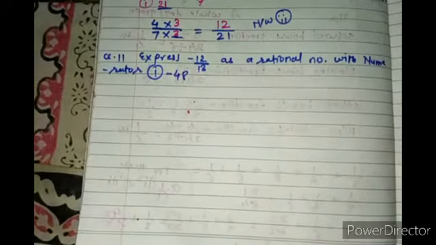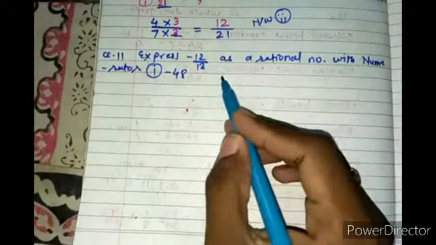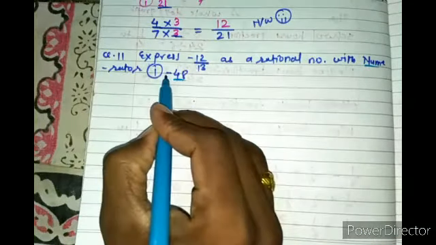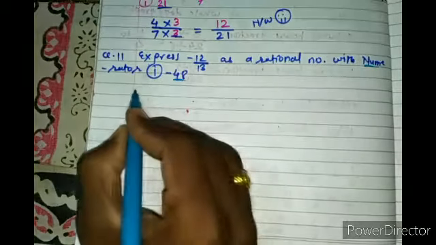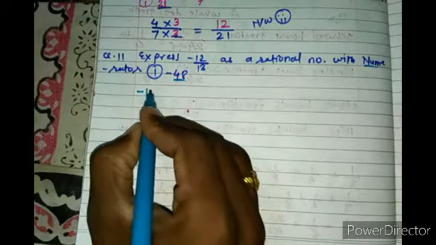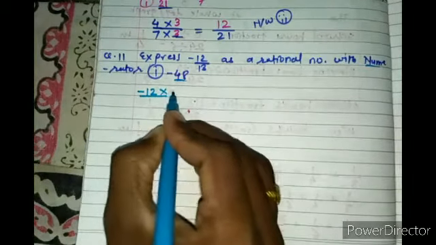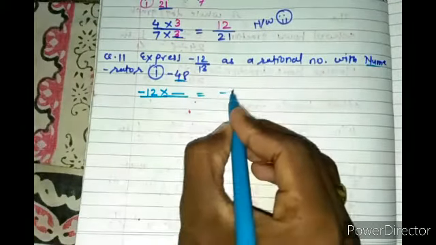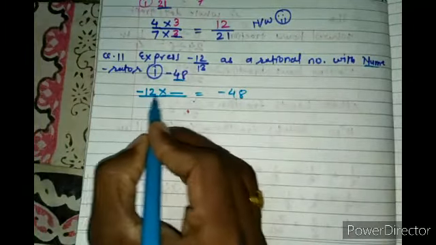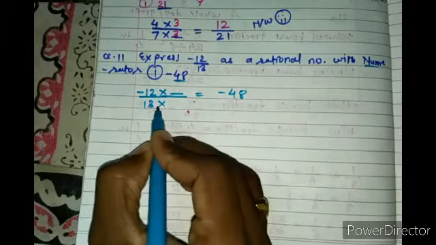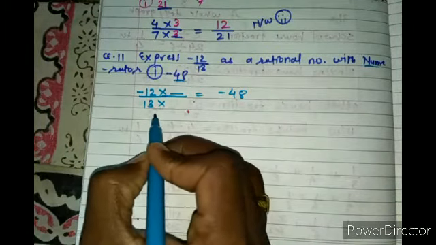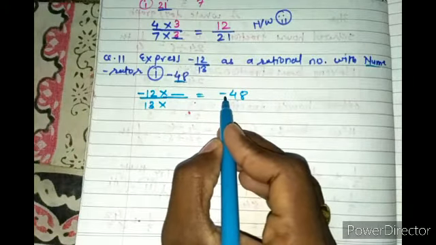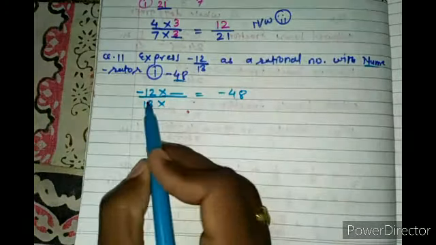Now in this problem we have to make the numerator 48, but what 48? Minus 48. So we have to think by which number we will multiply this minus 12 to get numerator minus 48. Students, you should know the sign convention in multiplication. When you want the product negative, you want only one number negative.